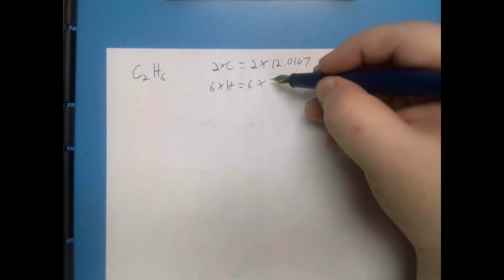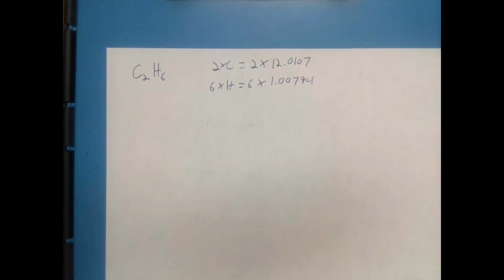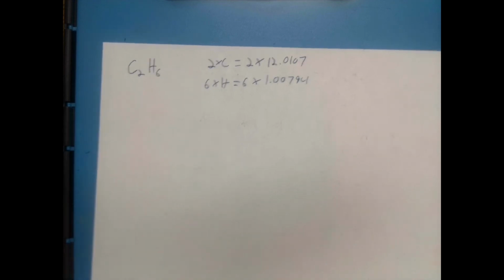So 6 times 1.00794, and add them up. I recommend doing this.